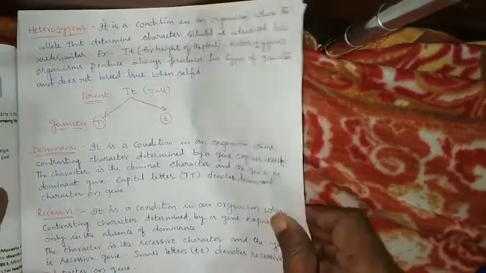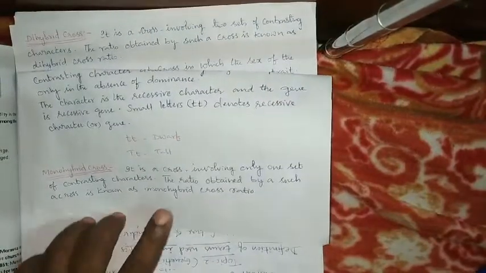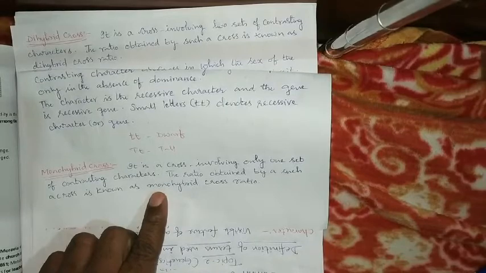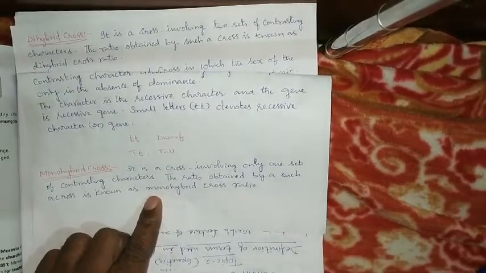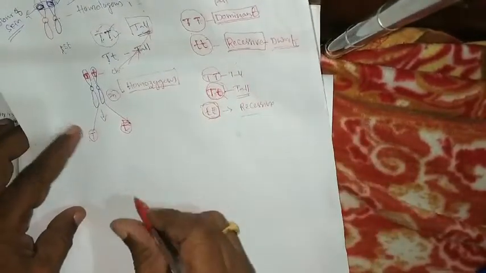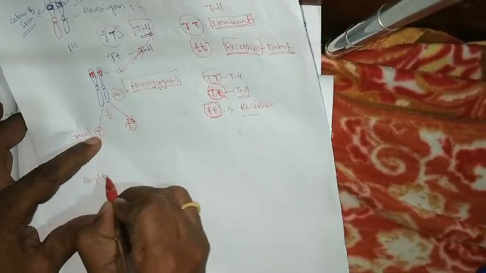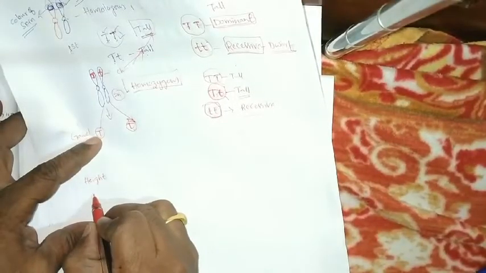Coming to the monohybrid cross. What is meant by a monohybrid cross? It is a cross involving only one set of contrasting characters. For example, if you want to cross two plants by considering the height of the plant, or the shape or color of the seed, we are considering only one character here.